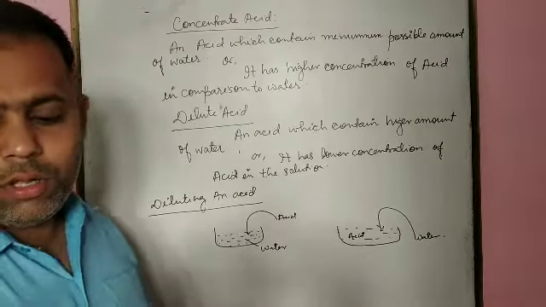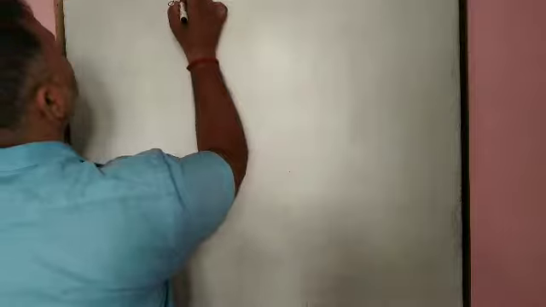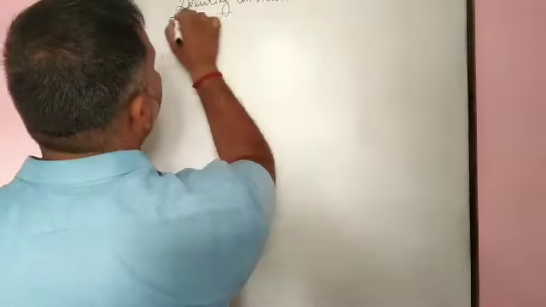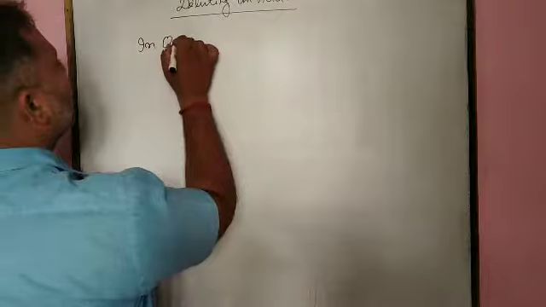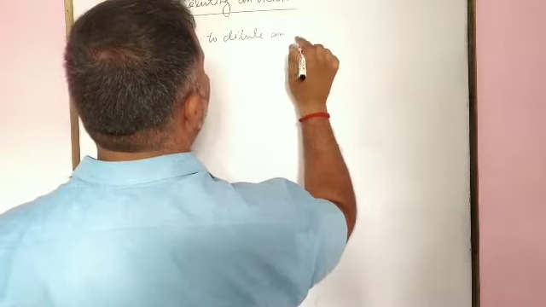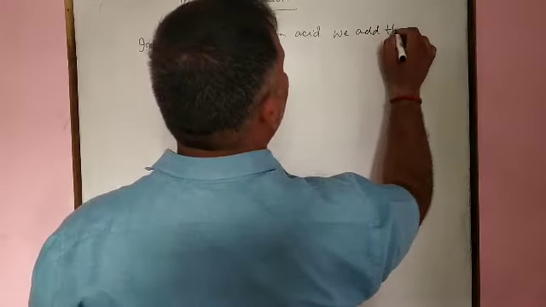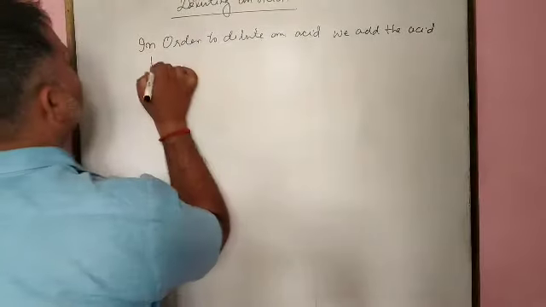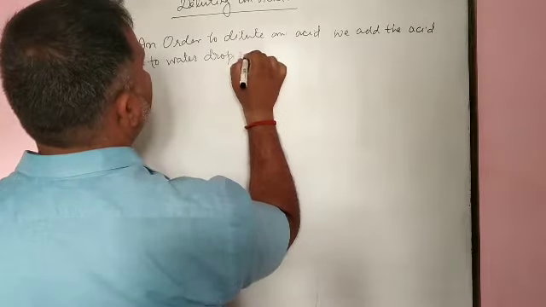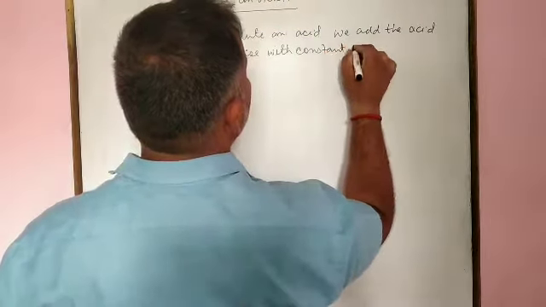Now we know how to dilute an acid. In order to dilute an acid, we add the acid to water dropwise with constant stirring.